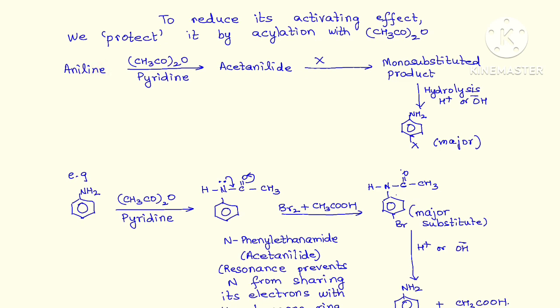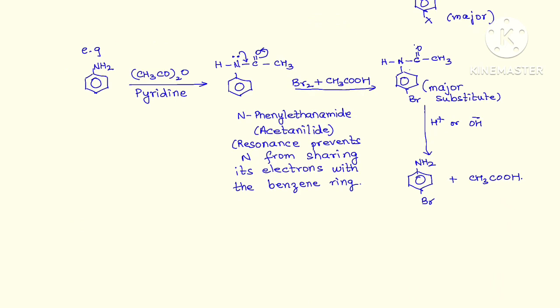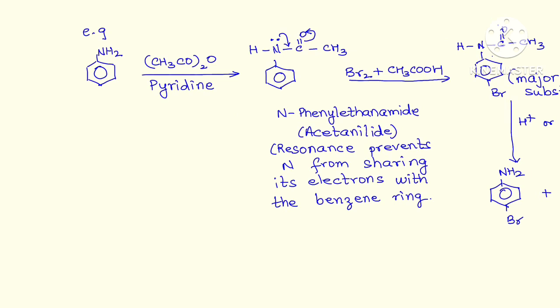Let us understand how. Aniline, you reacted with the acetic anhydride, but not in the presence of anhydrous AlCl3 as we had done in the case of Friedel-Crafts acylation reaction. We are using a base over here, a stronger base. With the result, our NH2 group gets busy with the acetic anhydride.